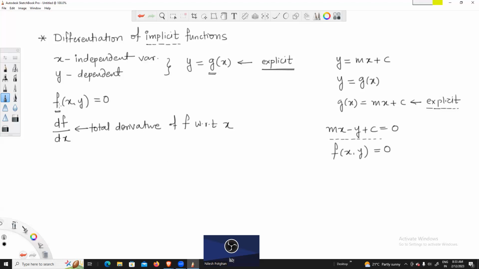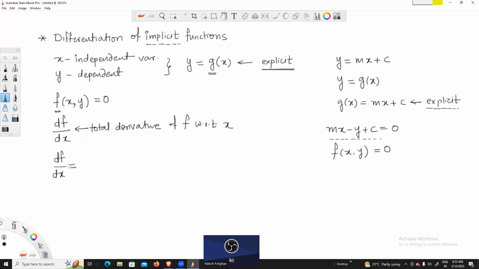But remember, f is now written as a function of x and y both. So to write this total derivative df upon dx, I need to bring in the partial derivatives of this function with respect to x and y.